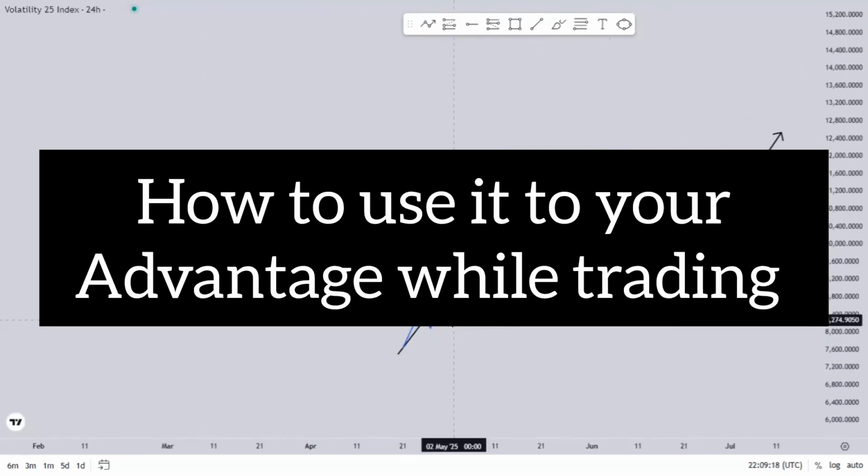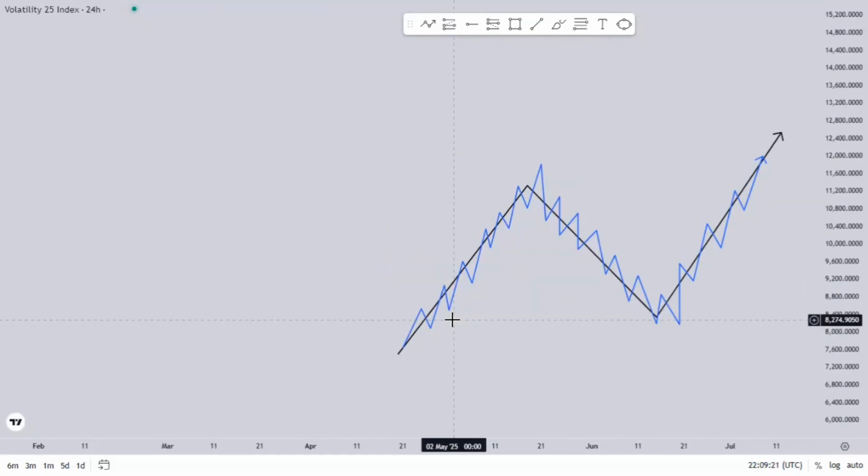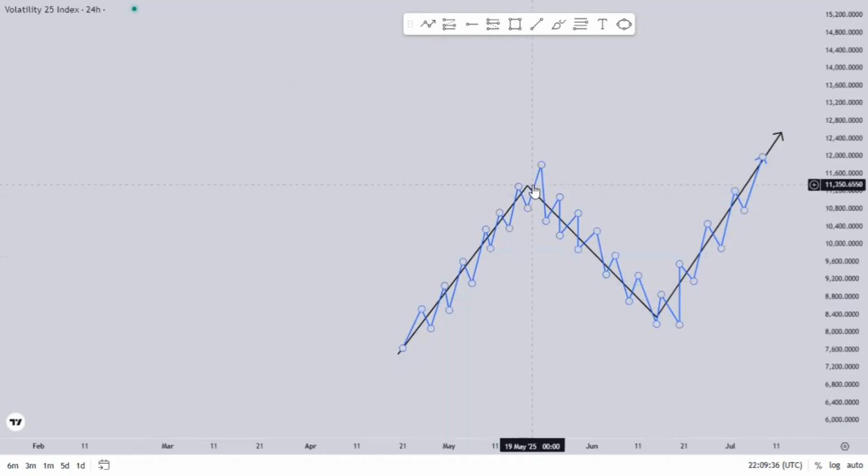So how then do we use these substructures to our advantage in the market? We want to be able to trade into this larger leg, that's the leg of the swing structure. We want to trade this substructure within this larger leg of the swing structure. And whenever the market is retracing or pulling back, we want to trade the pullback of this swing structure and a substructure.